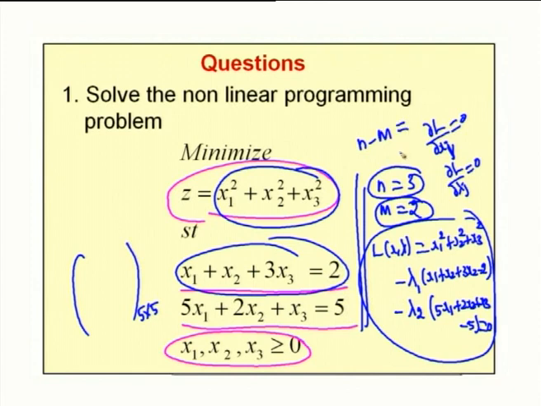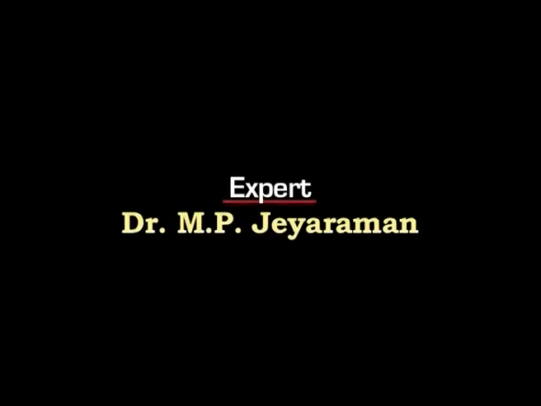For this problem, n minus m value equal to 1. Therefore, to find the sufficient condition, it is enough to find the determinant value of HB naught alone, which should have a sign of minus 1 power m, minus 1 power 2, which is positive. Thank you.